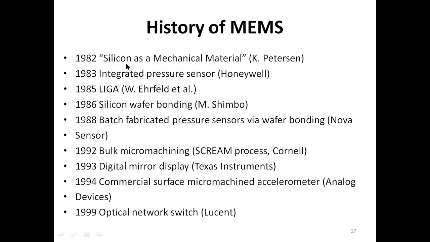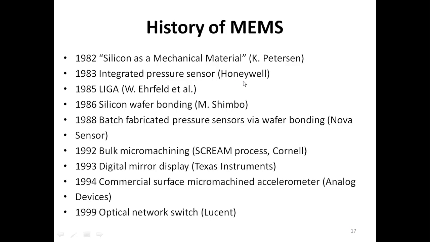1982, silicon as a mechanical material. Previously, before 1982, we were using the silicon wafer just as a substrate. We were producing devices on top of the silicon wafer. But in 1982, K. Peterson used silicon as a mechanical material in his device. 1983, the integrated pressure sensor was developed by Honeywell.